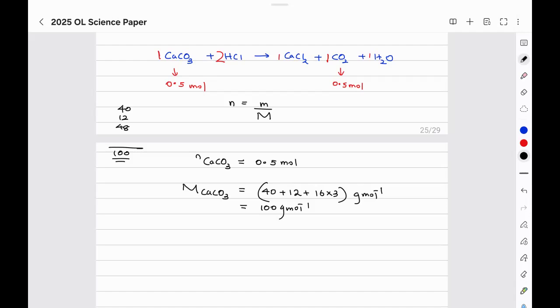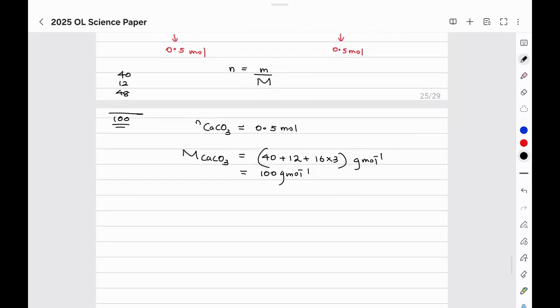Now apply the equation and find the mass, right? Simple, m equals n times capital M. Number of moles is 0.5. Molar mass is 100 grams per mole. Per mole will cancel off. 0.5 multiplied by 100 grams. What is the answer?